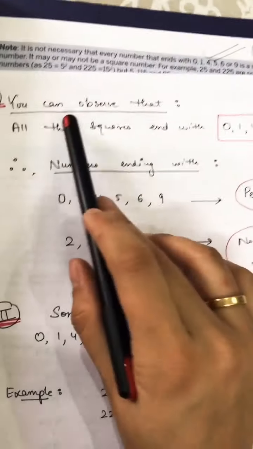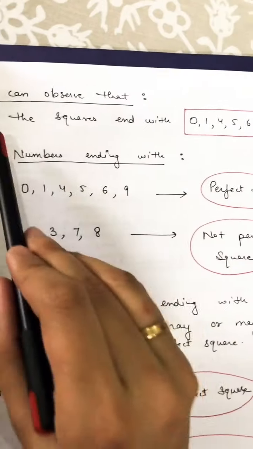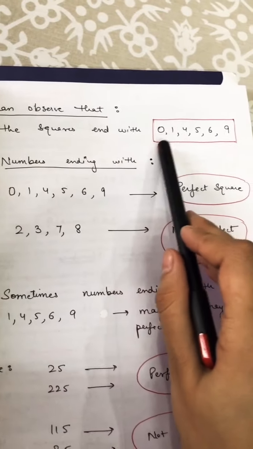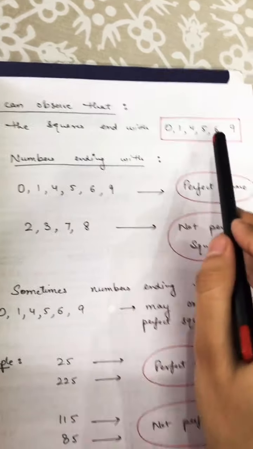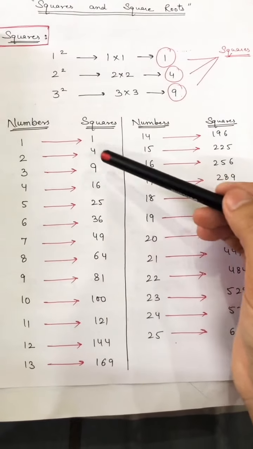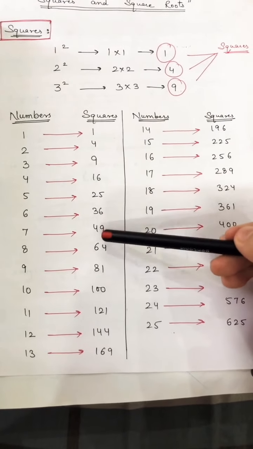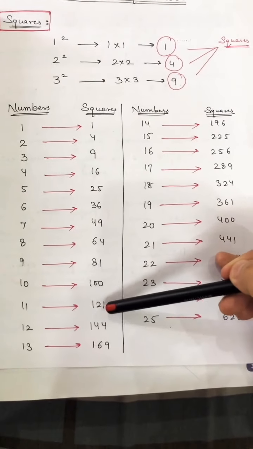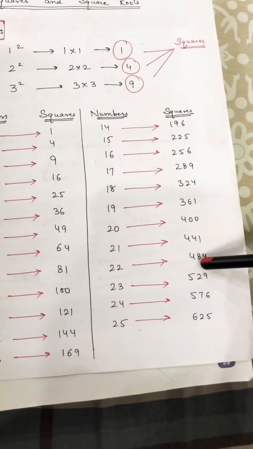Now I want to tell you that you can observe from the previous page that all the squares end with 0, 1, 4, 5, 6, 9. Look here, the ending digit of 1 is 1, then 4, then 9, then 6, then 5, then 6, then 9, 4, 1, 0, and so on.